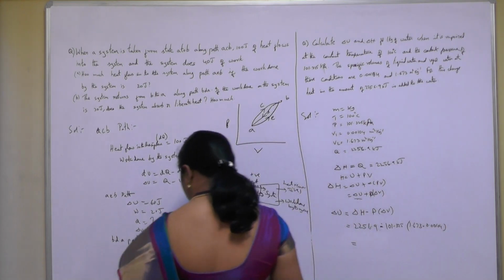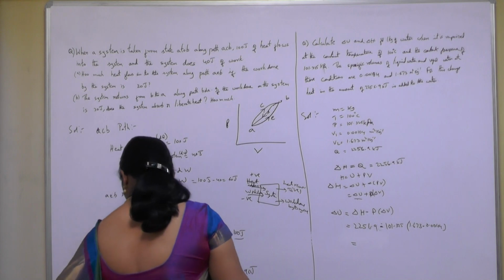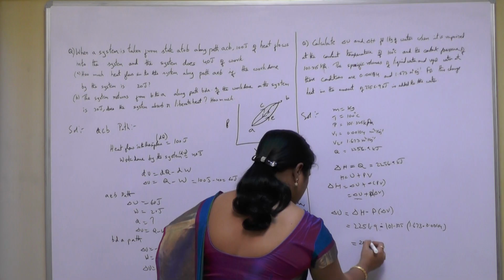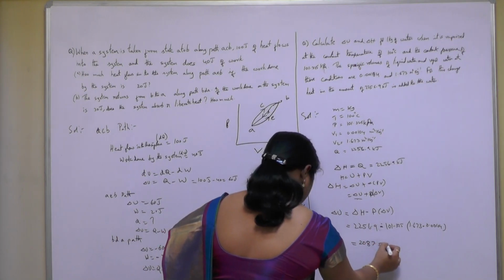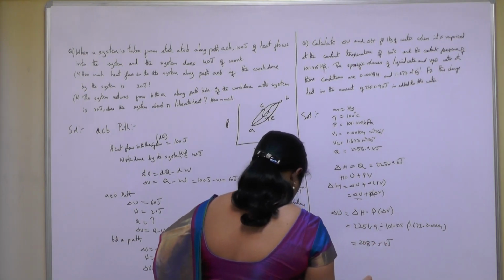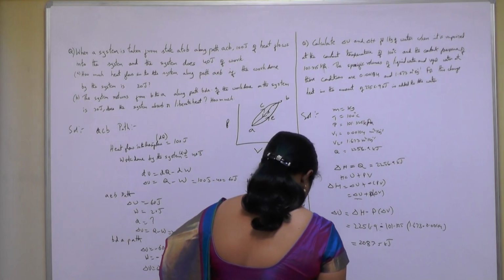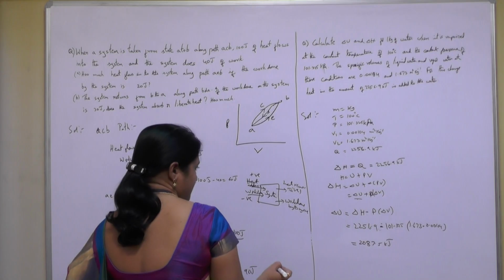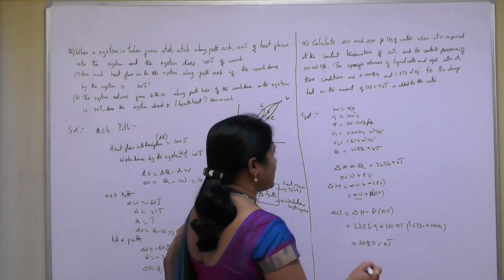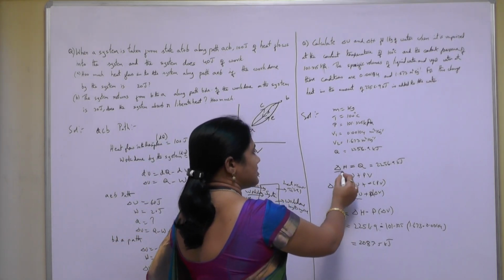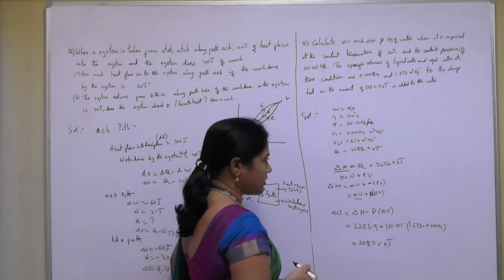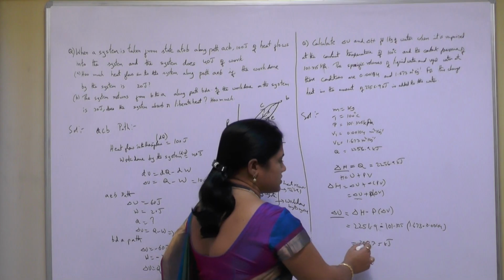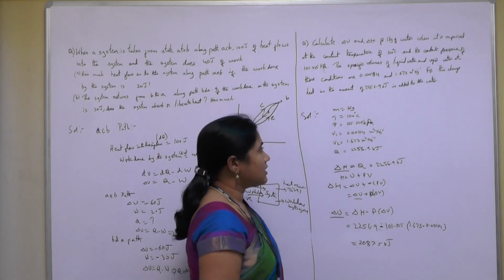So finally, 2087.5 kilojoules. So the enthalpy change of the process is 2256.9 kilojoules and the internal energy change is 2087.5 kilojoules.